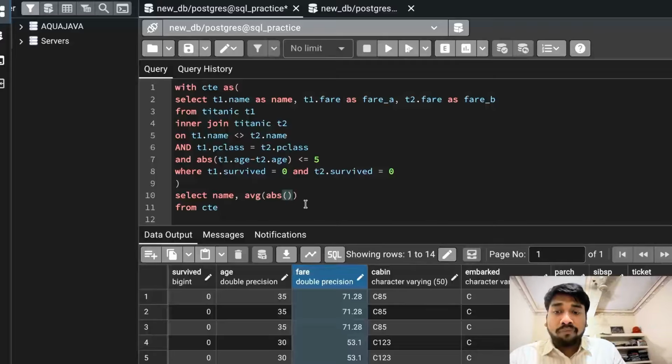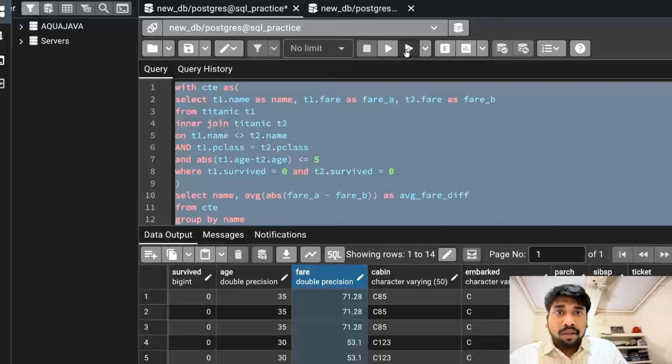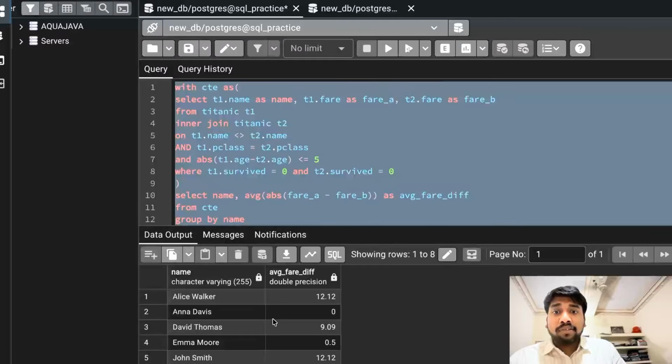And now we will use the function here, fare A minus fare B as average fare diff. And since we are using average, we will use group by name. Now if we run this, we will get our answer.